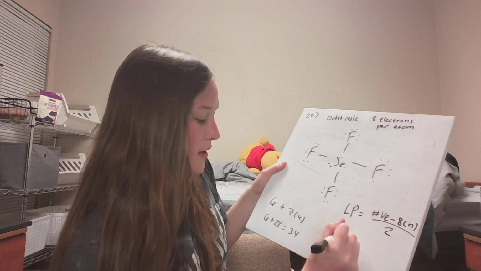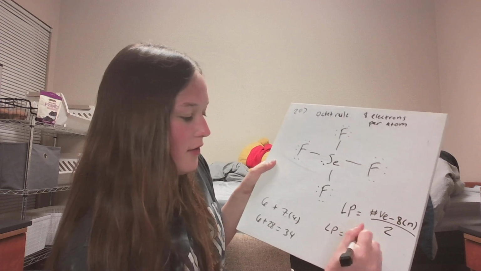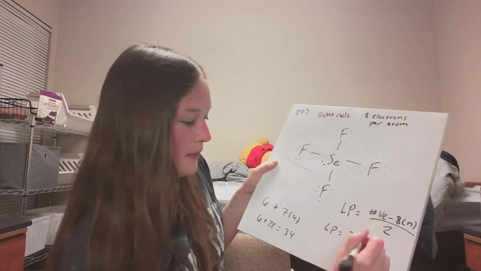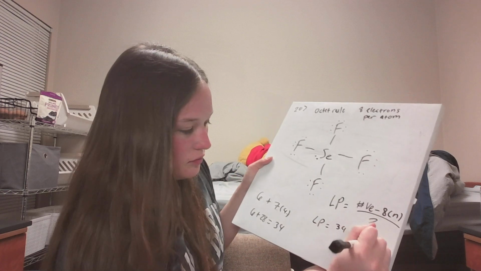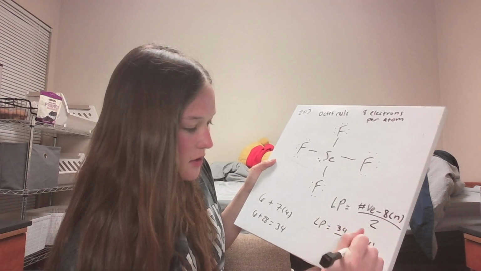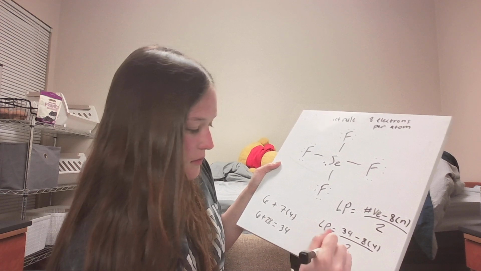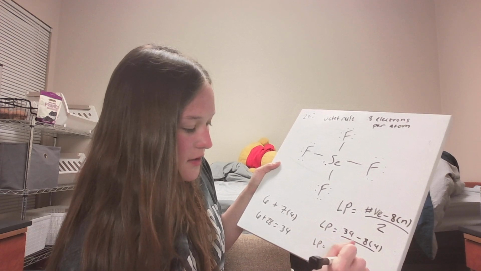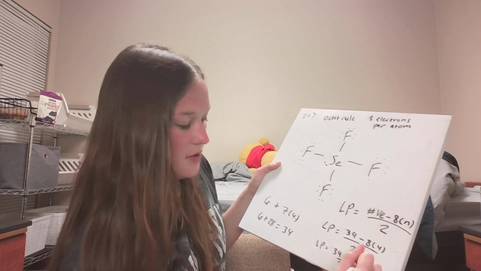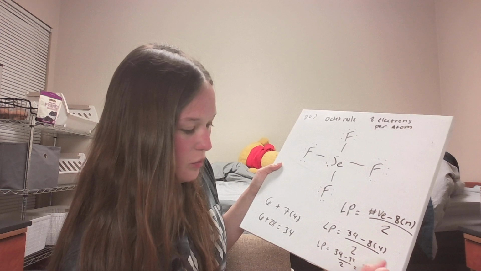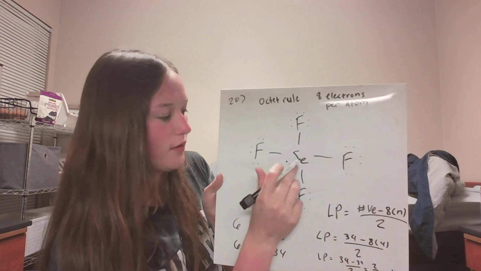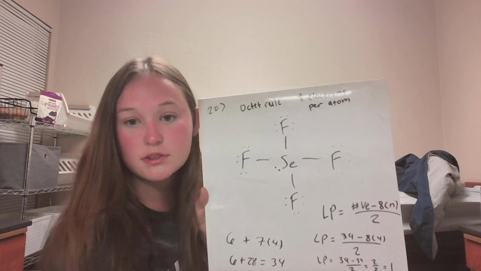So lone pair equals number of valence electrons, 34, minus 8 times 4, over 2. So this is going to be 34 minus 32 over 2, which is 2 over 2, which is 1 lone pair. So we have this one lone pair, so that proves it.